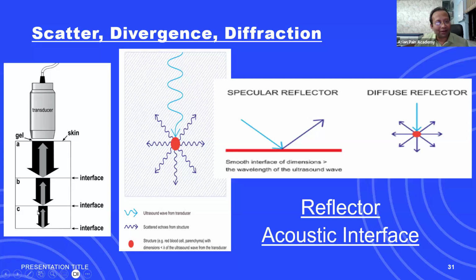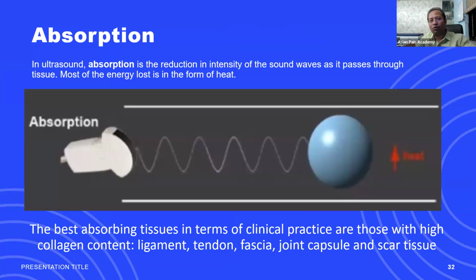Because what is returning from the maximum distance is not itself becoming bigger, it is adding up with the earlier returns. That's why it is becoming bigger. Here this black is compared to this white, this black to this white, and this black to this white. So ultimately, due to attenuation, the ultrasound wave goes down.